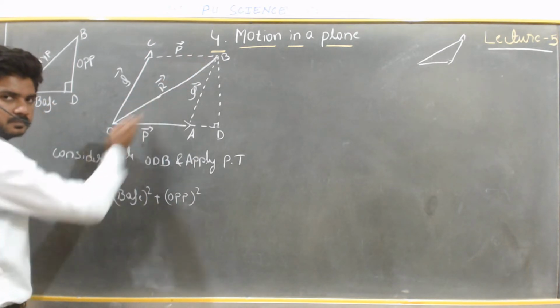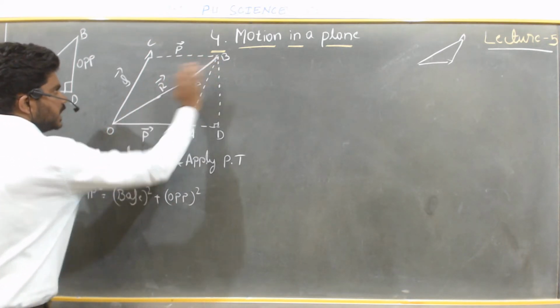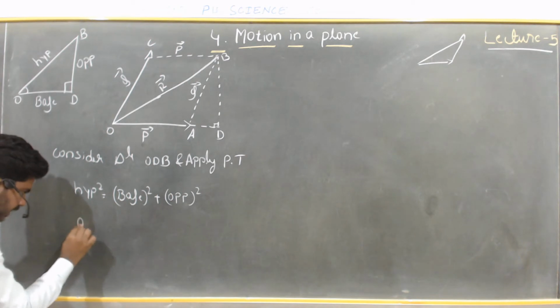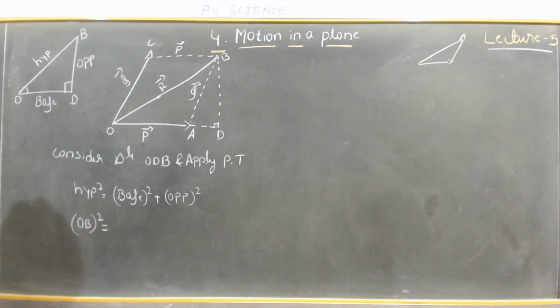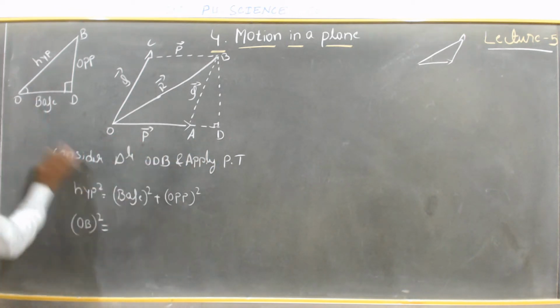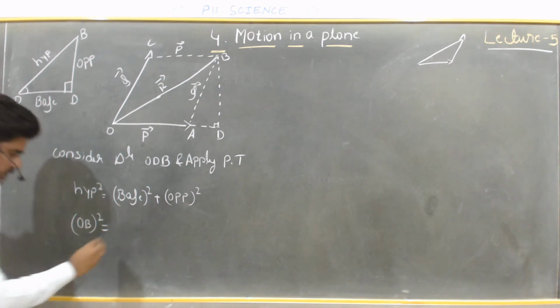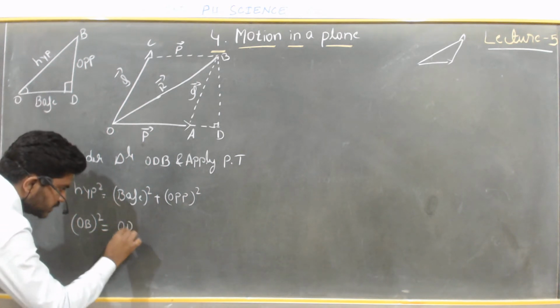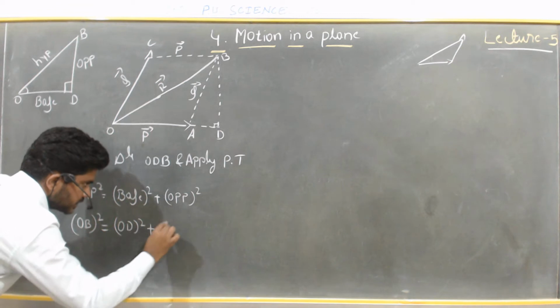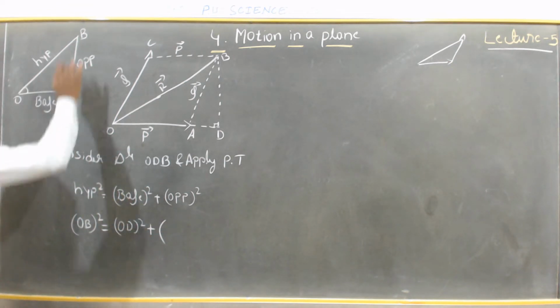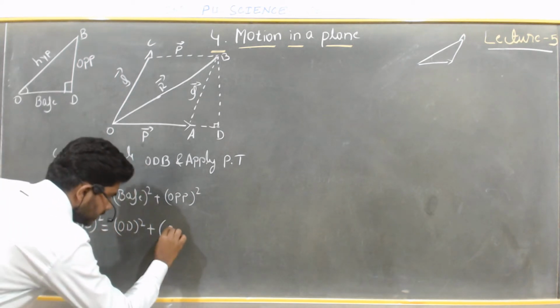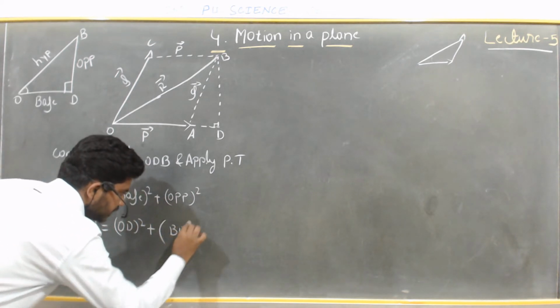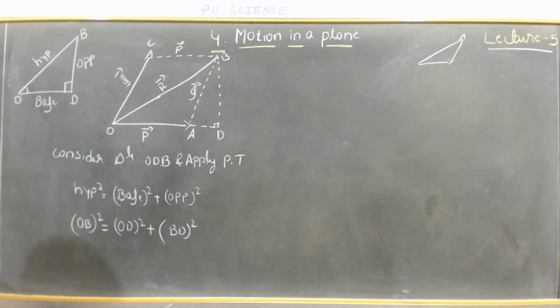Side OB is the hypotenuse. I will write OB squared. Next, the base here is OD. I'll write OD squared, plus the opposite, which is side DB or BD. So I will write BD squared.